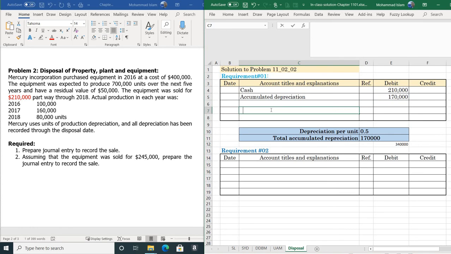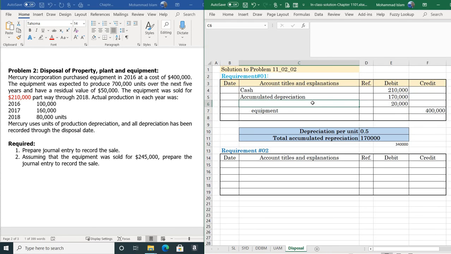And now the asset is already gone, so equipment credit, and that is 400,000. So the difference between this equipment and these two values is our loss. The difference is 400,000 minus 210 minus 170, so 20,000.